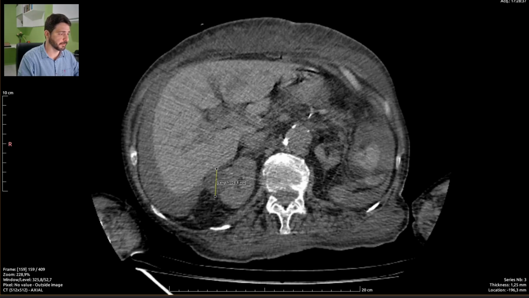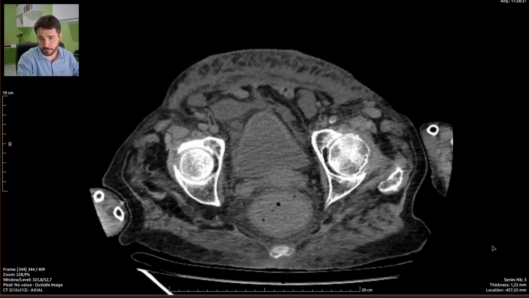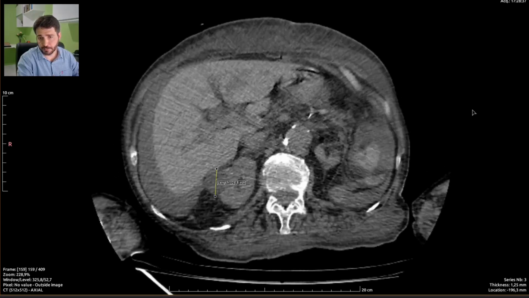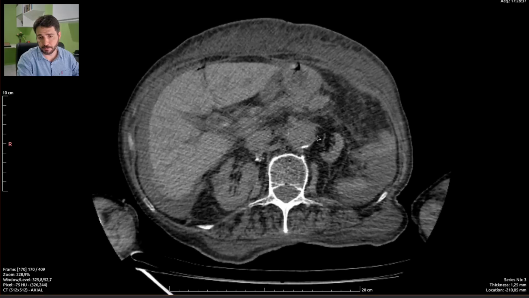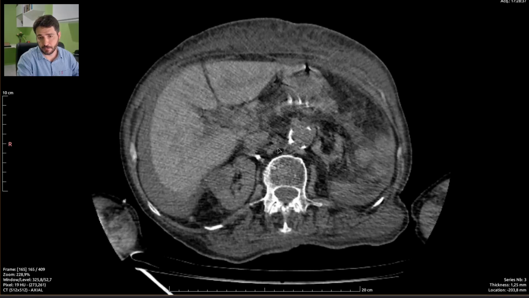There is severe atherosclerosis of the aorta. Lymph node enlargement. When you see any lymph nodes, there should be lymph nodes everywhere, but it's really hard to tell.